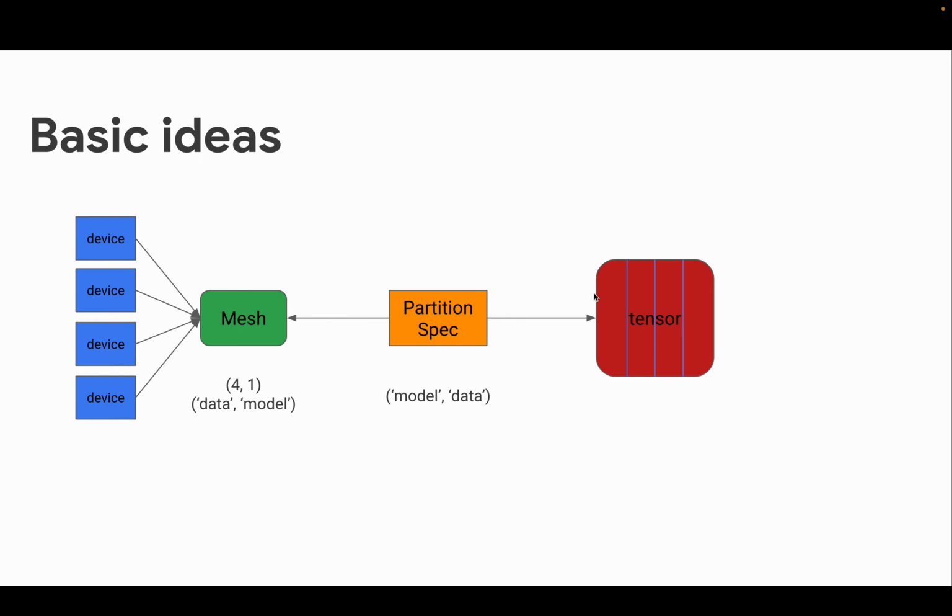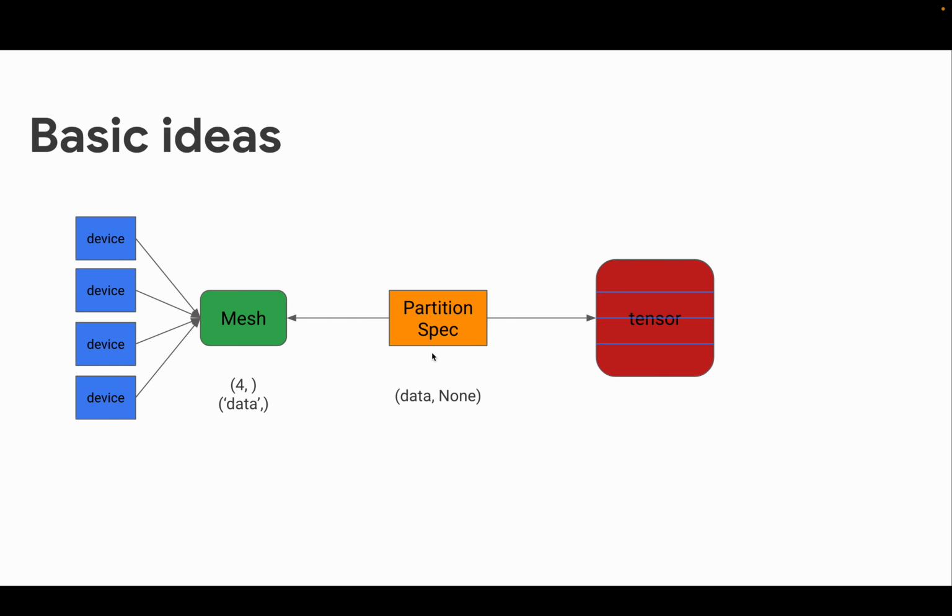Then now we didn't shard, we replicate the 0th dimension because the model dimension is 1, and then we shard the second dimension by the data dimension, which is by 4. You can also have a mesh that's 2 by 2. In this case, we will shard both the first dimension and the second dimension by half.